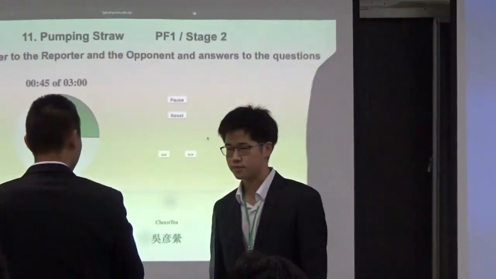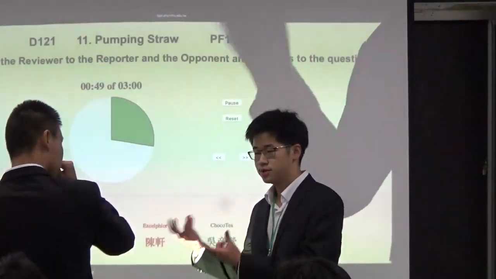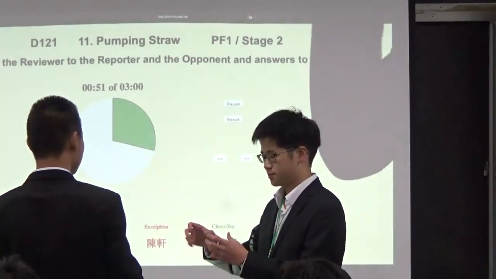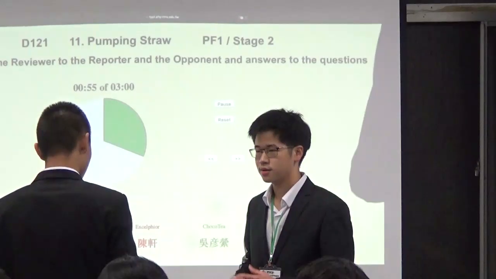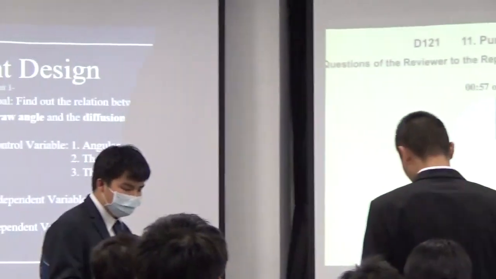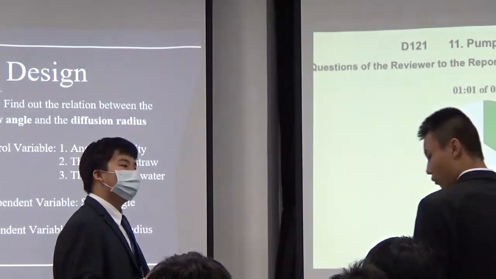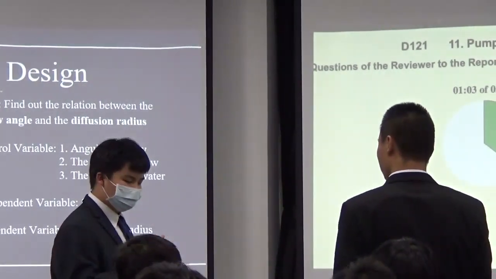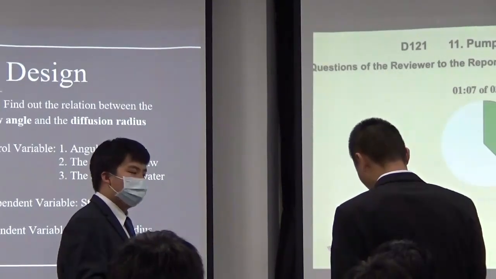So how do you think you can fix this? I think it can use a motor to maintain the angular velocity of the straw. The electric drill can be controlled because I always press the trigger.